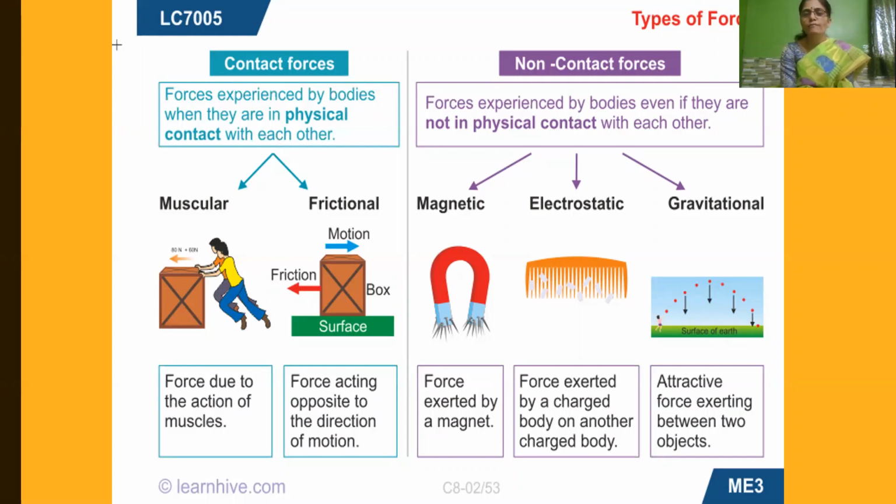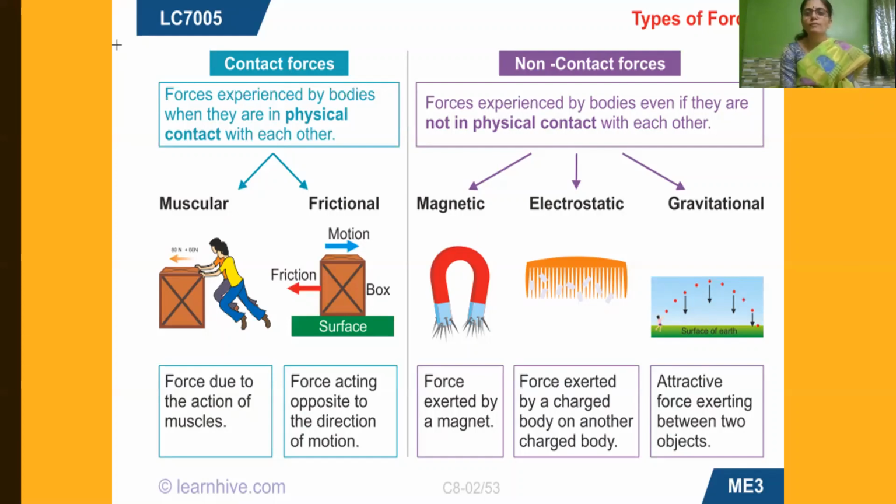And gravitational force is the force exerted by the surface of the earth. It is an attractive force between two objects. When you throw a ball up, after reaching some height it automatically comes down due to the force of gravity. That is gravitational force. It acts even without touch, the ball being in contact with the surface only at the end. So it is an example of a non-contact force.